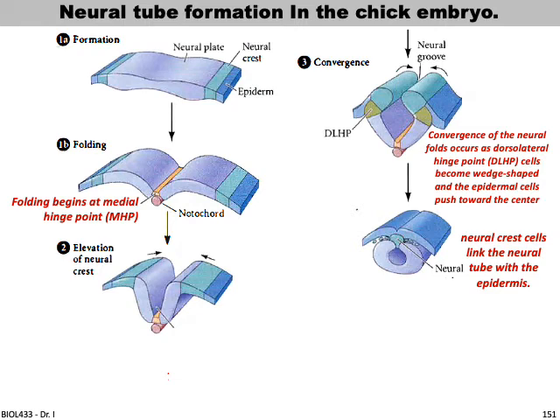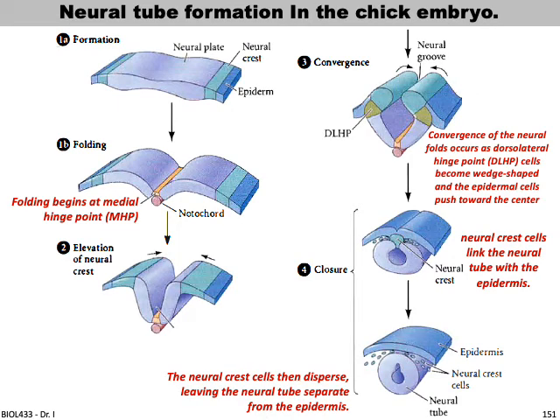The neural crest, which is at the ridges of the neural folds, links the neural tube with the epidermis, as seen from the figure. The closure happens and the neural crest then disperses, leaving the neural tube separate from the epidermis. So what is the neural crest?